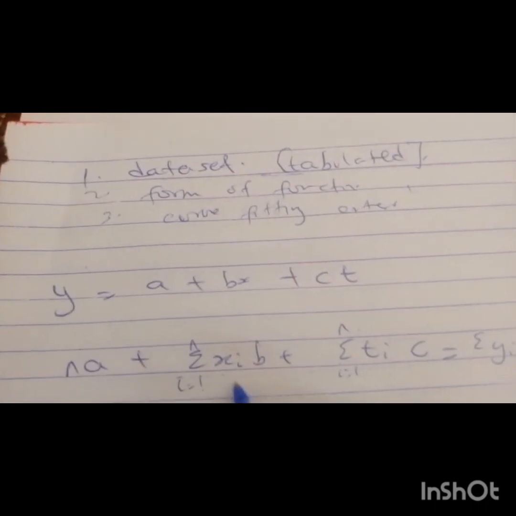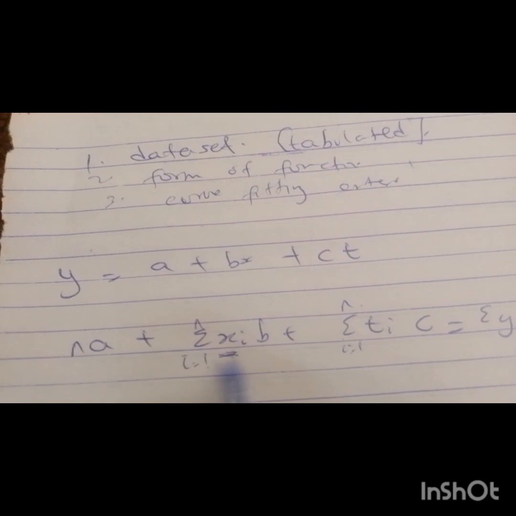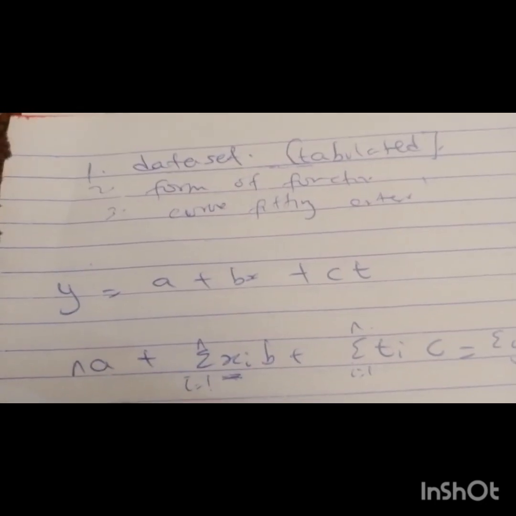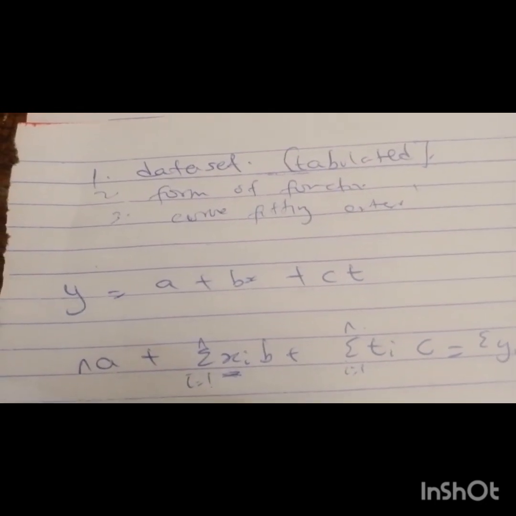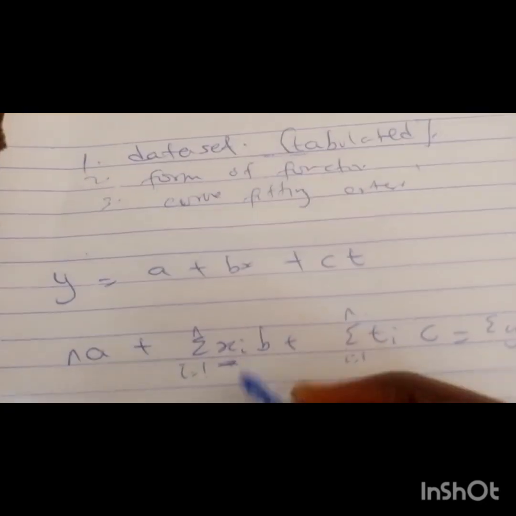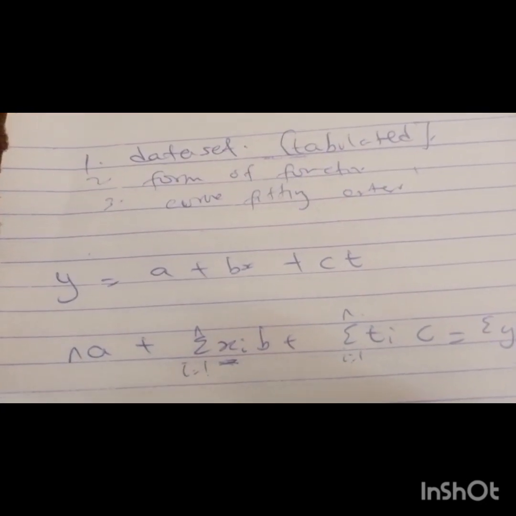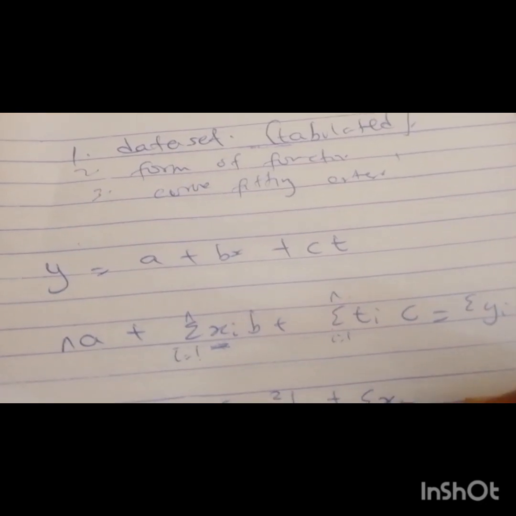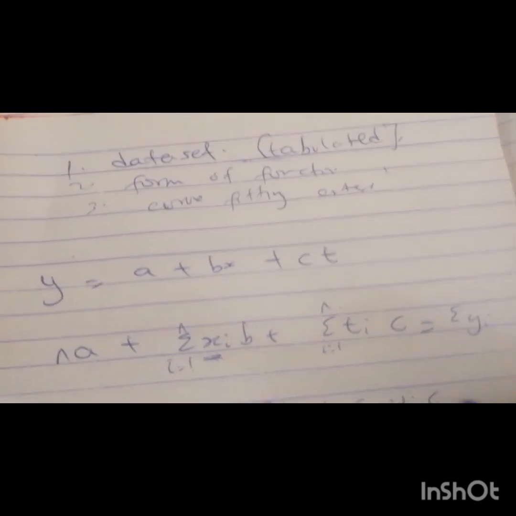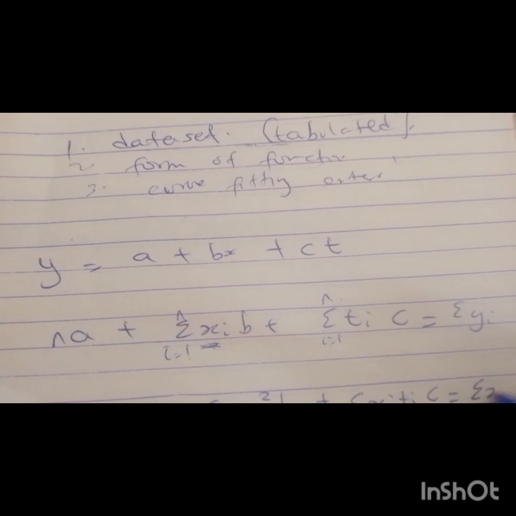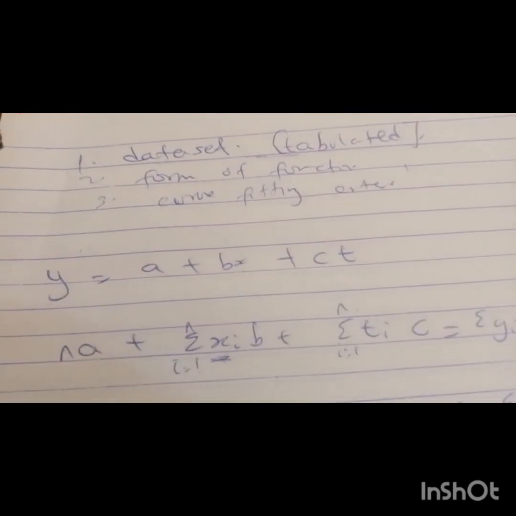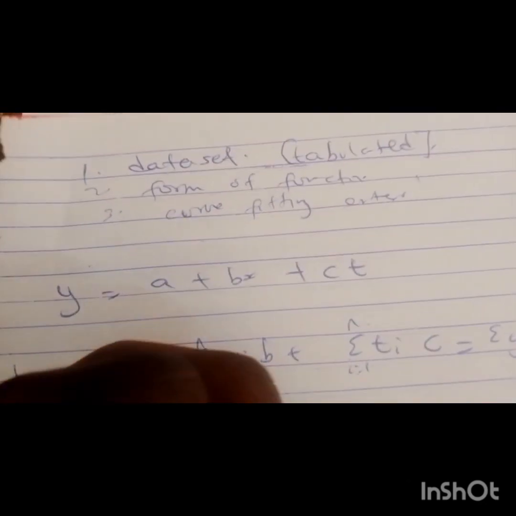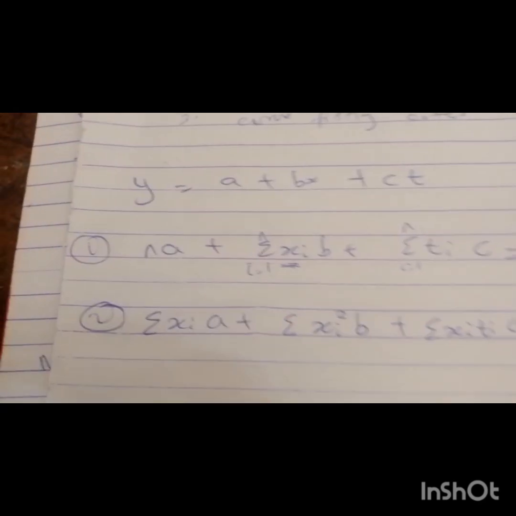To do the next one, you just take the coefficient of the b and multiply it through. So you have the summation of xi a plus summation of xi squared b plus summation of xi ti c equal to summation of xi yi. So this is equation 2.